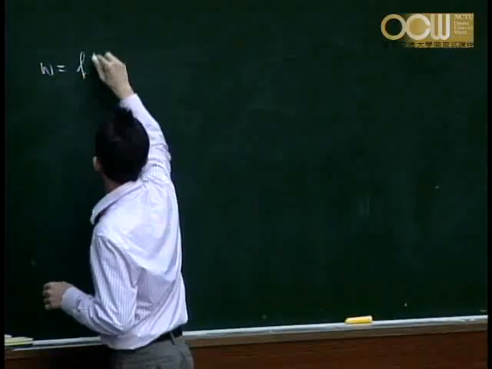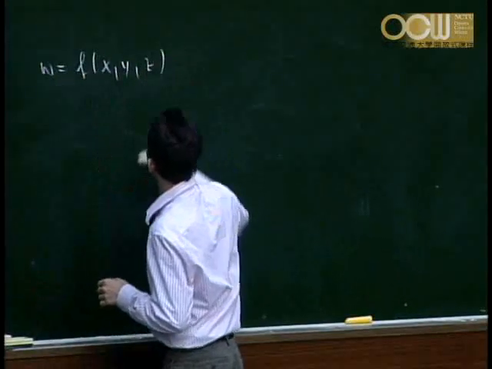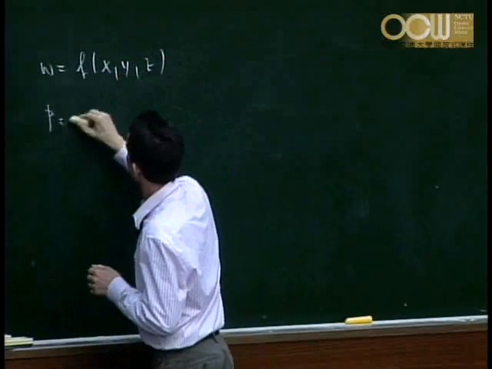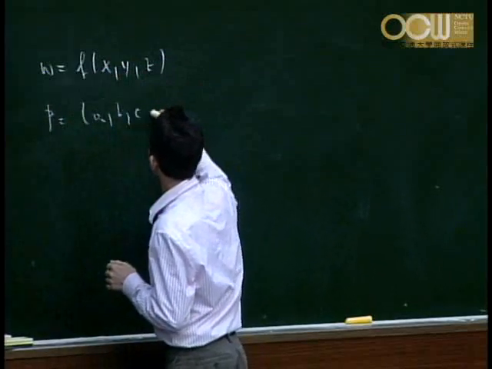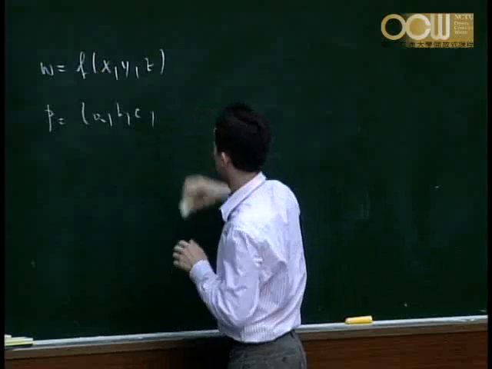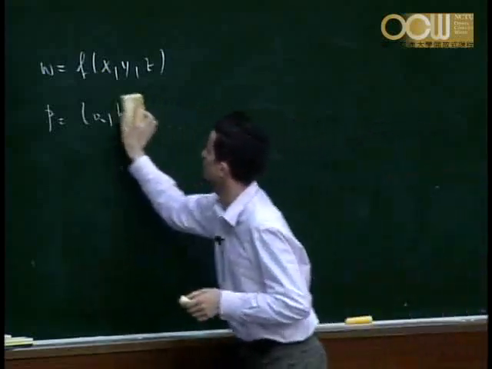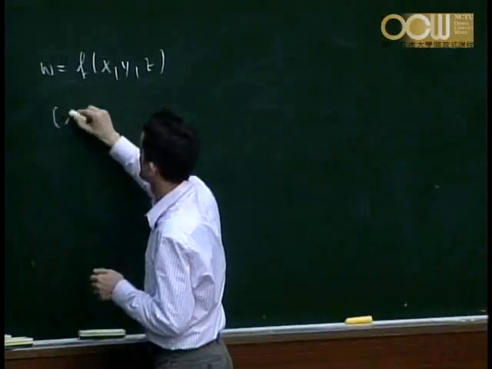So if you have a function of three variables and you have a point which is now a, b, c, so let's not choose a point on the surface, but let's just choose a point.